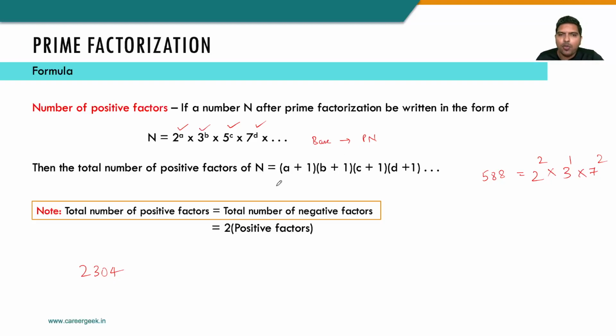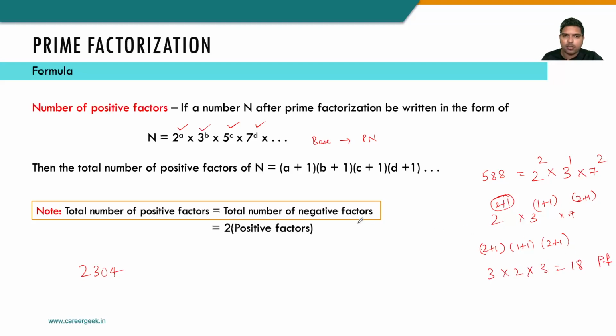Then you will add 1 to the powers or the exponents, right? 3 power 1, you will add plus 1. 2 plus 1. So the number of positive factors are going to be 2 plus 1 multiplied by 1 plus 1 multiplied by 2 plus 1, which is 3 multiplied by 2 multiplied by 3, which is 18 positive factors.